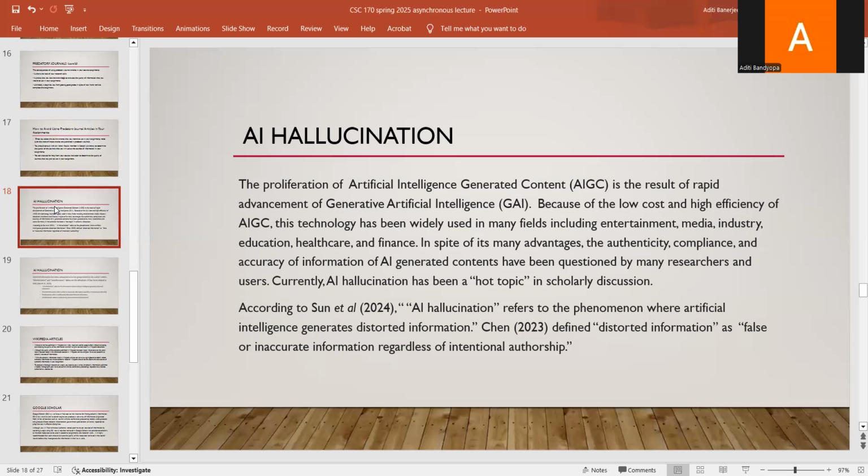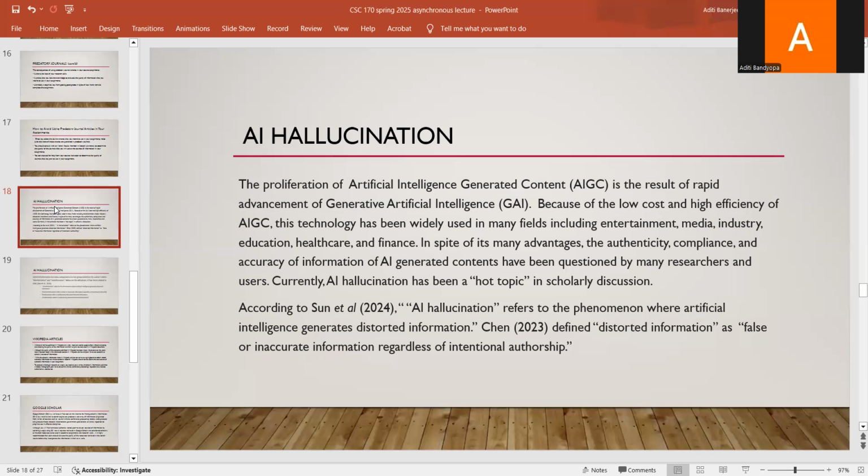One is written by a researcher with last name San, and that article is very recent, just came out in 2024. And another article written by another researcher, Chen, is also very recent, came out in 2023. I read both of them.